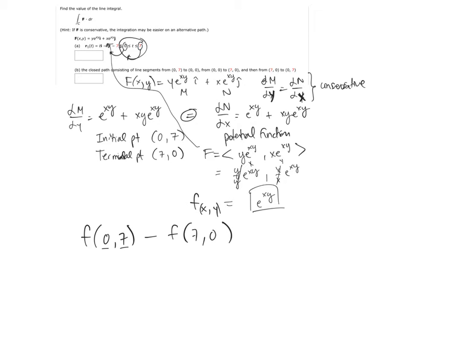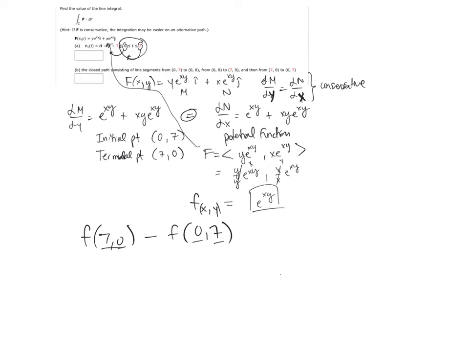Oops, I messed it up. It's supposed to be terminal minus initial, so it will be f(7,0) minus f(0,7). So 7 for every x, 0 for every y for the terminal point, and then 0 for every x, 7 for every y for the initial point.